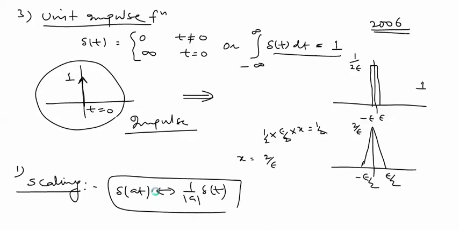I took an example, 2t. The result will be that the area covered by the impulse is modified. The area covered by the impulse was previously 1, now it is 1 by 2.